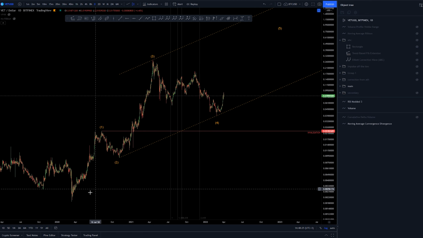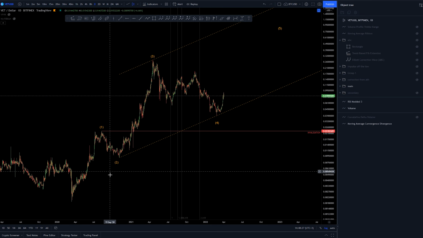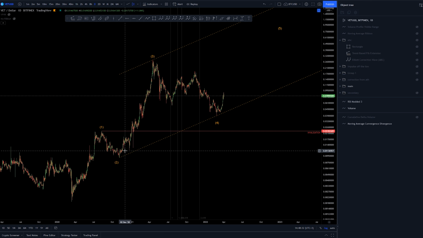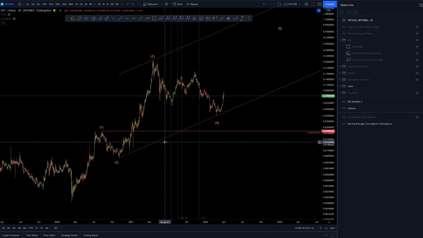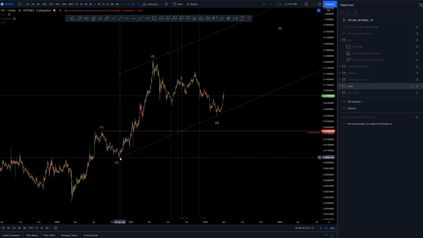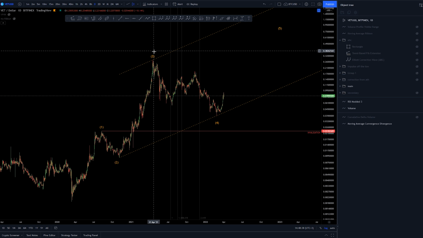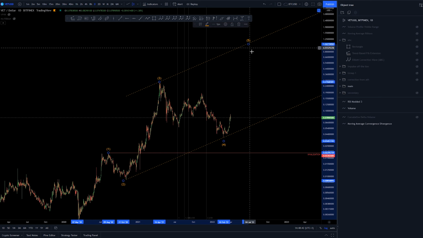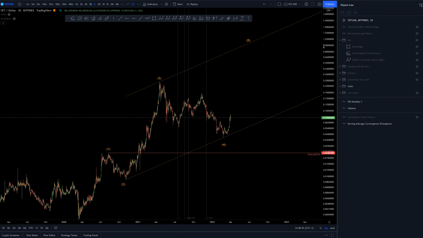Now currently we just see these two impulse-looking waves or wave structures going up and heading higher. I placed down a parallel channel between the second and the fourth, or possibly fourth, and for the third to project out the fifth wherever it might be.